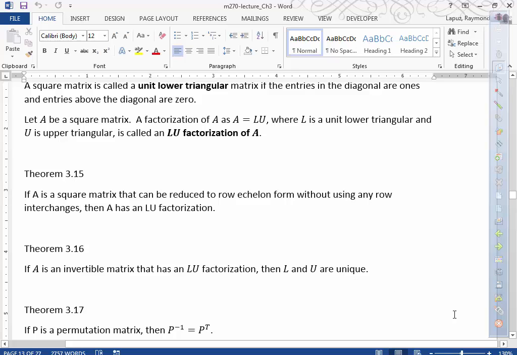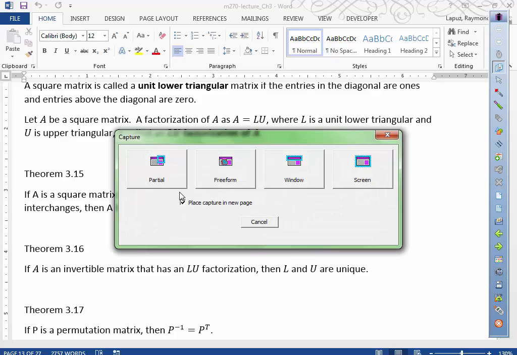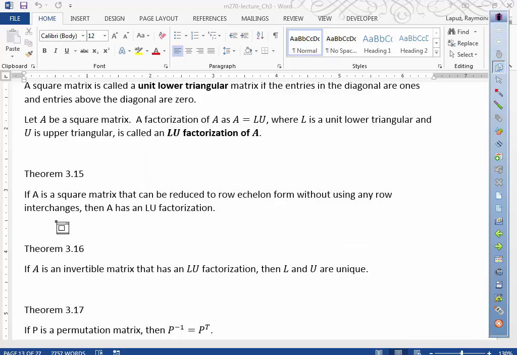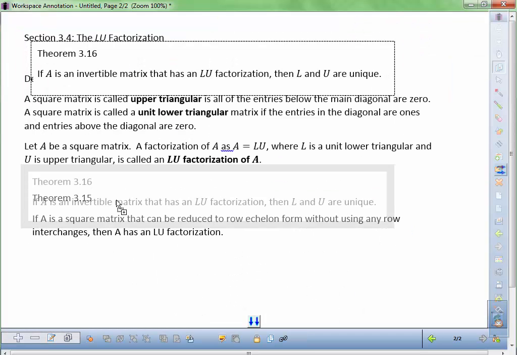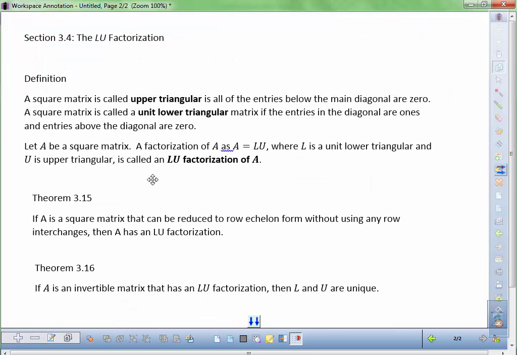So if it's invertible, then the LU factorization is unique. The question about that, Becca, about if there's more than one way to do this: well, the point is that the L is actually not just an L, it's a unit lower triangular matrix.